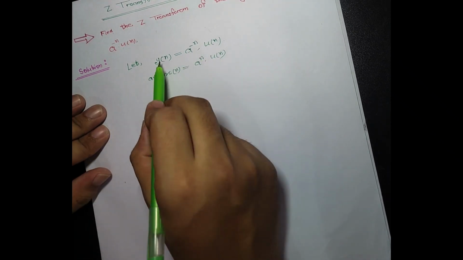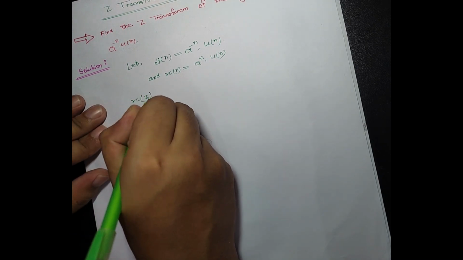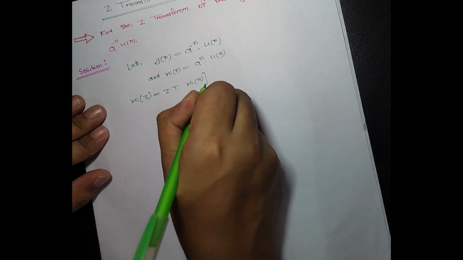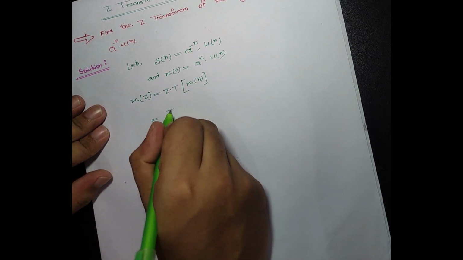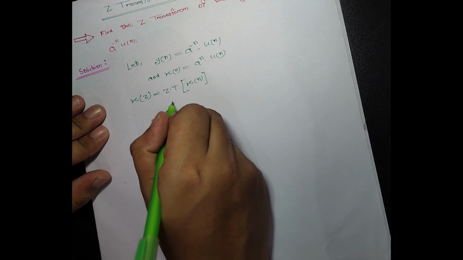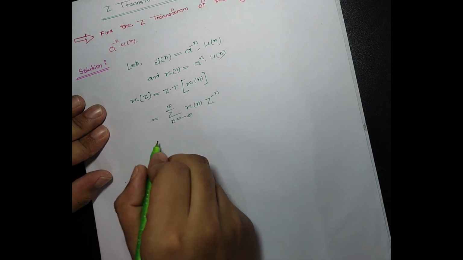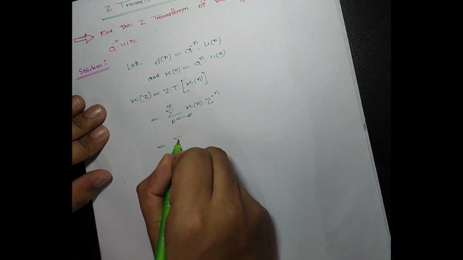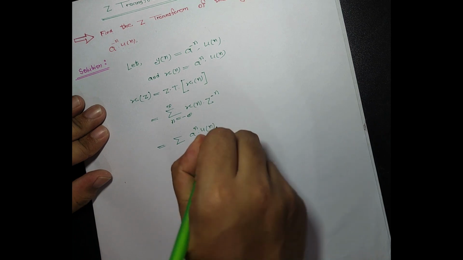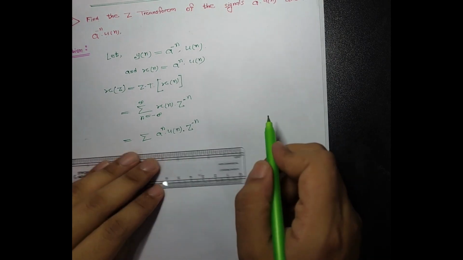Now Z transform of x[n] is X(z) equal to Z transform of x[n], or n equal to summation of n equal to minus infinity to plus infinity x[n] into z to the power minus n, summation of a to the power n u[n] z to the power minus n. Here u[n] means unit step signal.